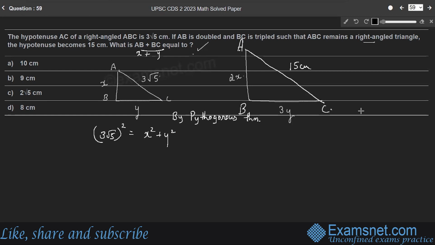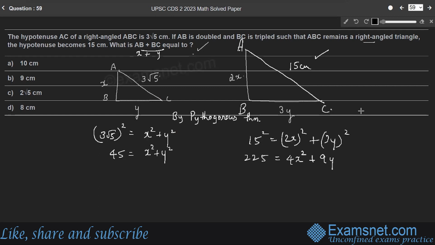For the new triangle, the hypotenuse square is 2x whole square plus 3y whole square. So 3 root 5 squared is 9 into 5, 45, so x square plus y square is 45. And 225 is equal to 4x square plus 9y square. We have two simultaneous equations.